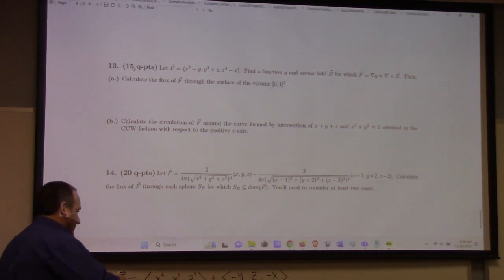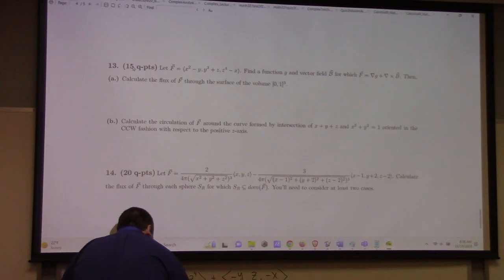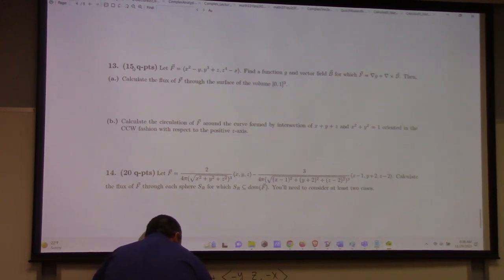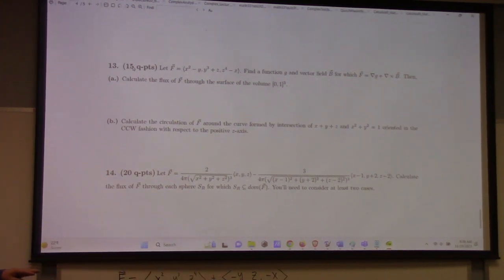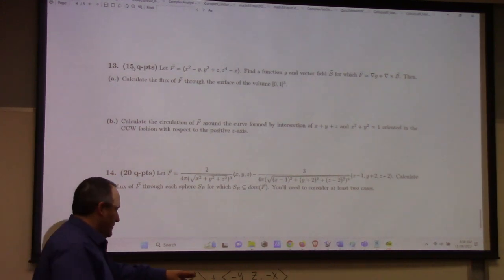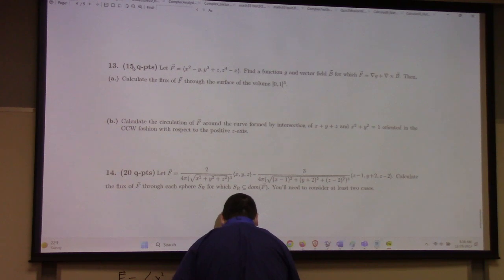So essentially, I thought about this in constructing the problem, and I knew that you'd be able to find the gradient of something here. In fact, it's just what? 1/3 x cubed, 1/4 y to the 4th, plus 1/5 z to the 5th. I can integrate today, right? I couldn't differentiate yesterday, but there you go. So that's a good choice for G, right? We can make G that. And so I can just think about the other part separately. So I want this to be the curl of something, right?